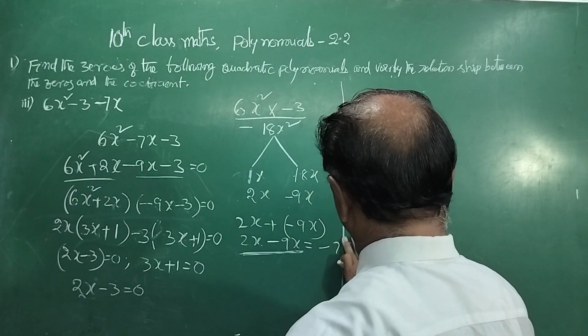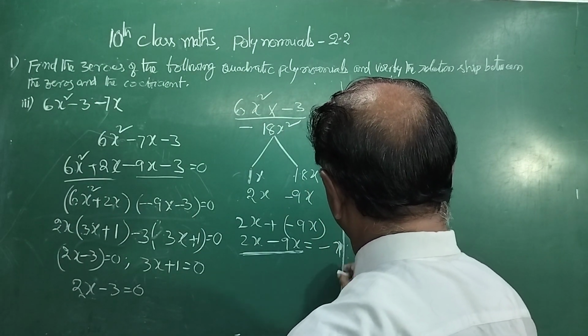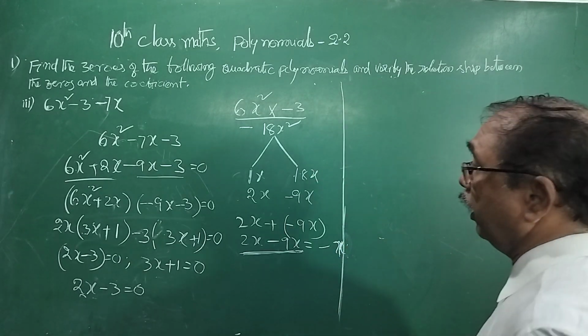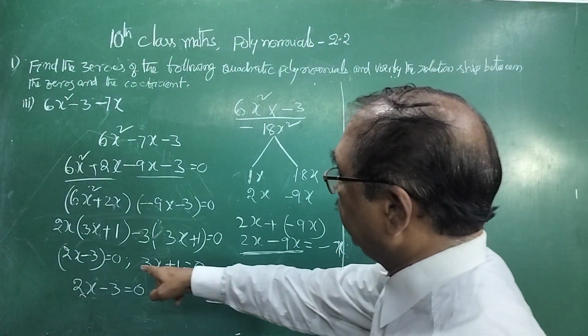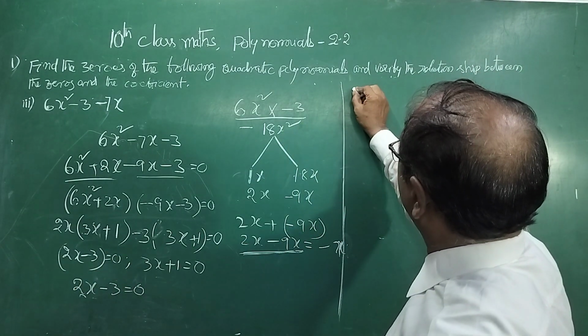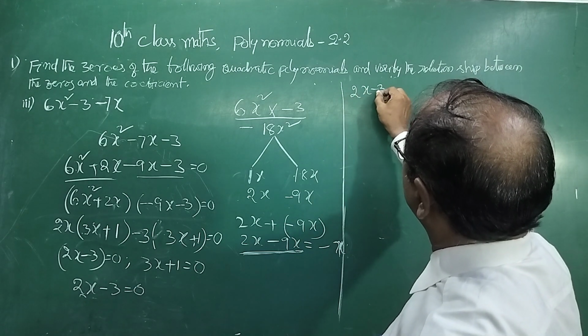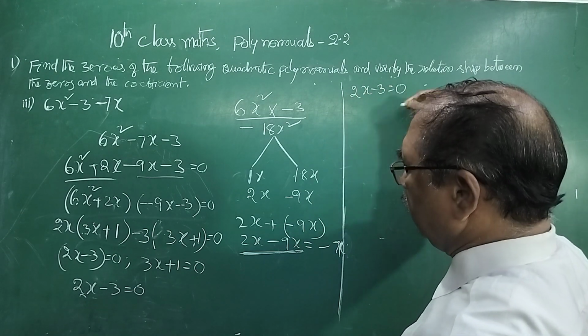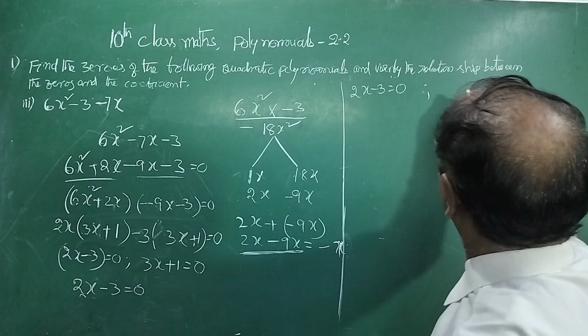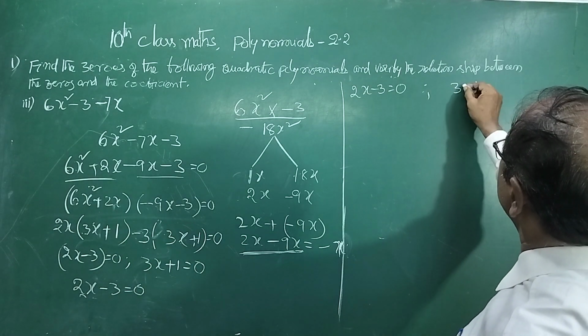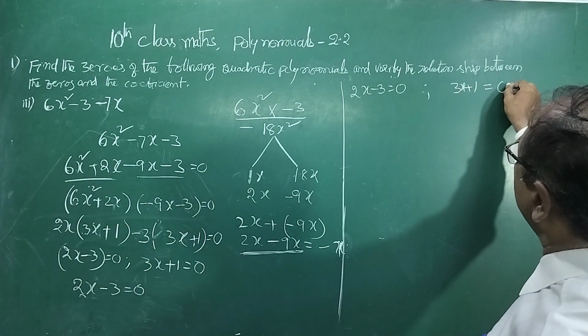Let us write here. 2x minus 3 is equal to 0. Another one is 3x plus 1 is equal to 0.